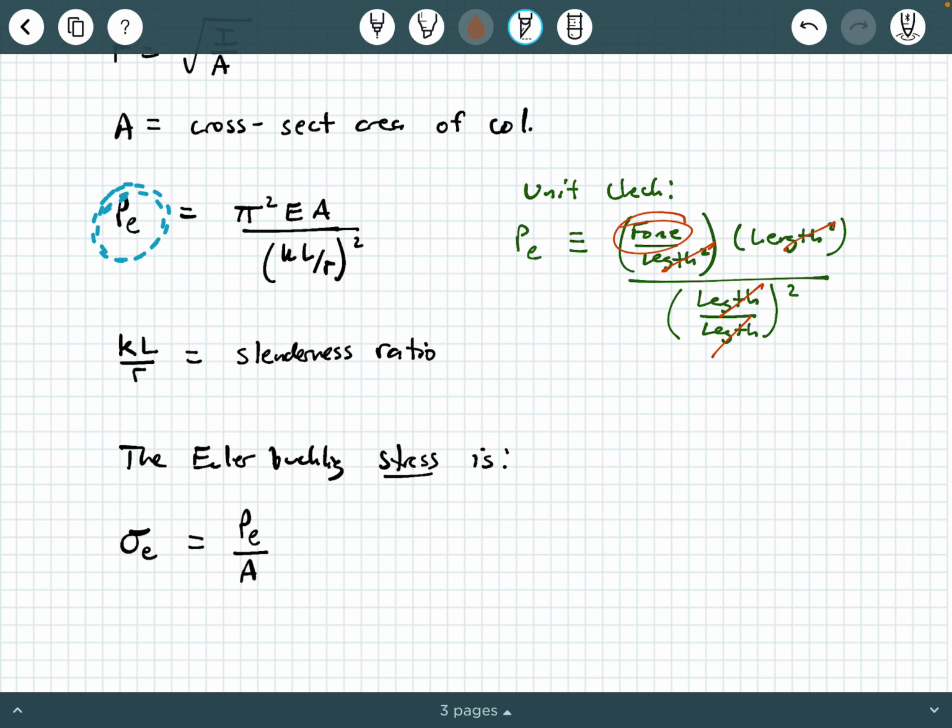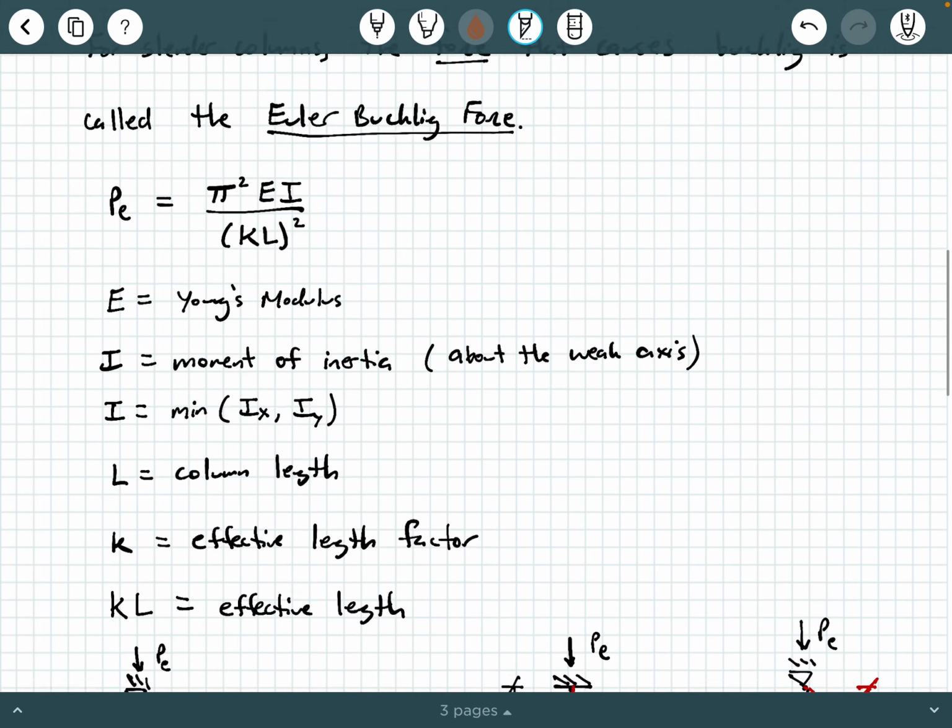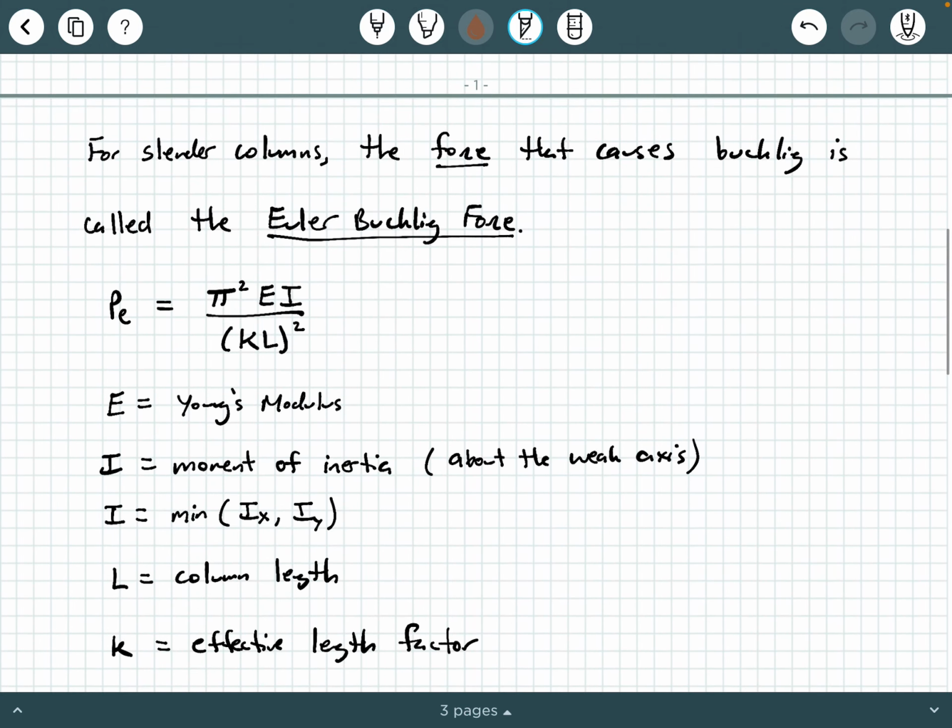Okay, so think about that. If you were to double L, how much will the Euler buckling force increase or decrease, or would it change anything? Okay, so you can answer that question by looking at this formula or the original formula. Again, let's look at this one too.